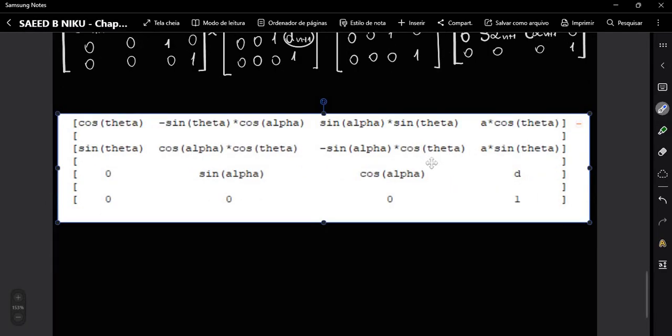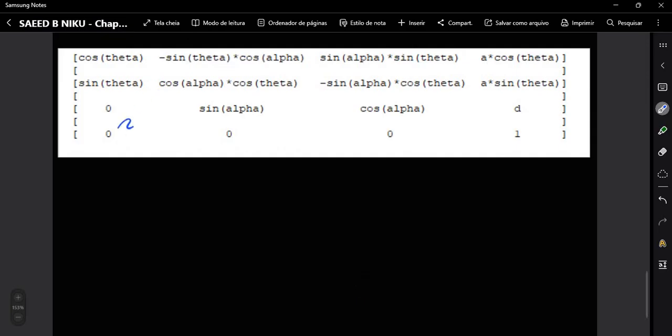And let me verify this. So we just need to write a n+1.